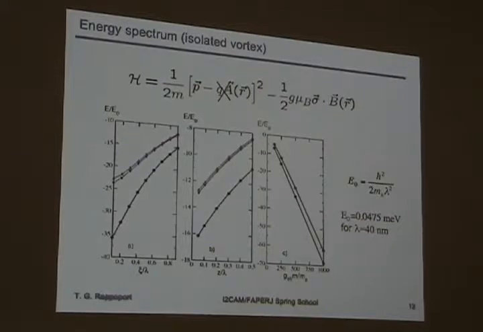You can drop that off, but since it's a pi flux, a half flux, doesn't it change the boundary condition when you solve the problem? No, because the wave function actually penetrates inside the flux. Because the Zeeman interaction is so strong, it goes to zero before having this problem.